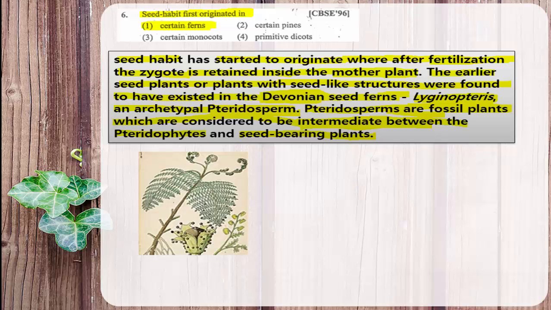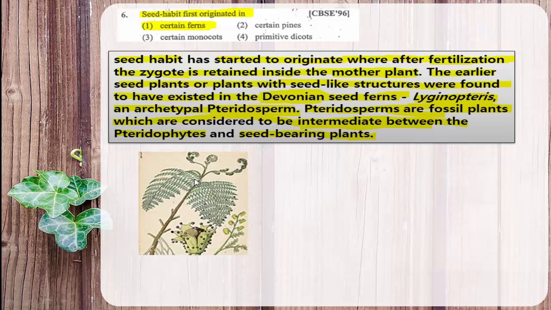But this group is now available only in the form of fossils, which means the plant parts are available. Living pteridosperms are not present. They are available only in the fossil condition and all the members have become extinct. This is the image of Lyginopteris. The leaf pattern of this plant is very similar to that of ferns.